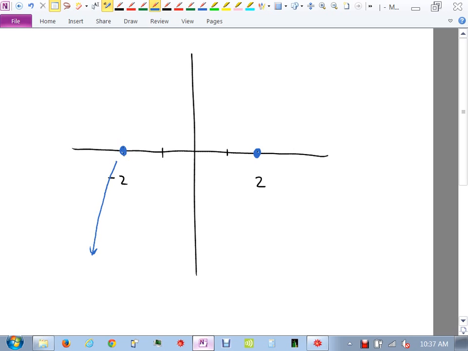I must go through -2 and cross, which means I'm going to go to the other side of the x-axis. But then I have to get back to that +2, don't I? And when I get to it, I have to bounce off of it. And that would make sense because if I go up here and bounce off it like this, my right side is then going up, isn't it? And that's what I need it to do. So I've crossed through at -2 and I've bounced off 2.